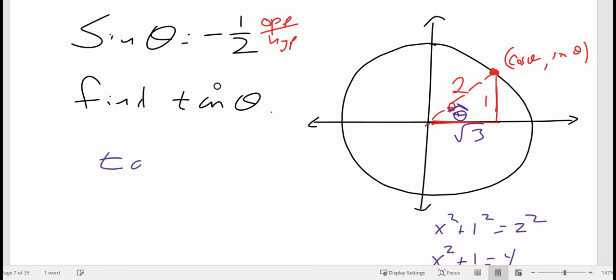So I'm curious, what is the tangent of theta hat? So it's which side over which side? Tangent is opposite over adjacent. So that would be 1 over square root of 3.